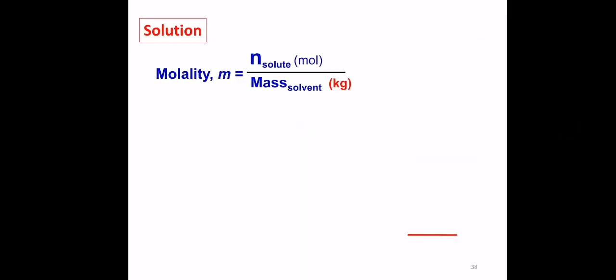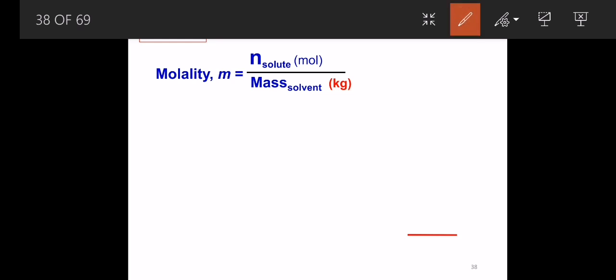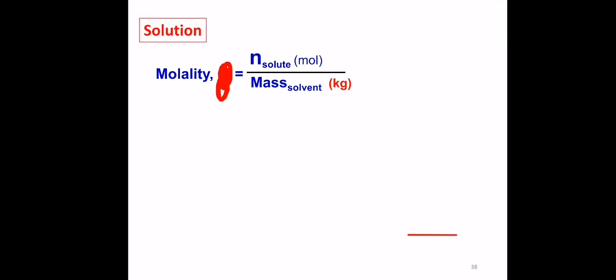So how do we want to solve the problem? Molality, cancel the M here because the M is the unit. Molality equal to n solute in mole unit divided by the mass of solvent in kilogram.